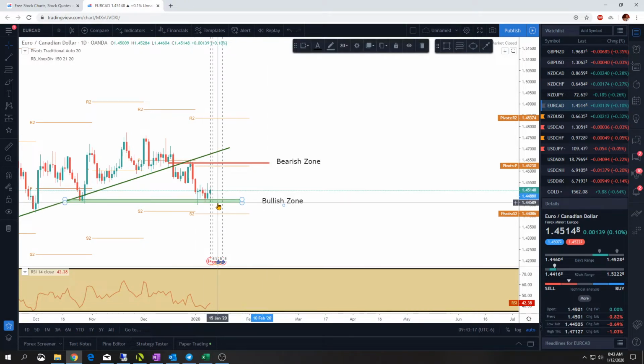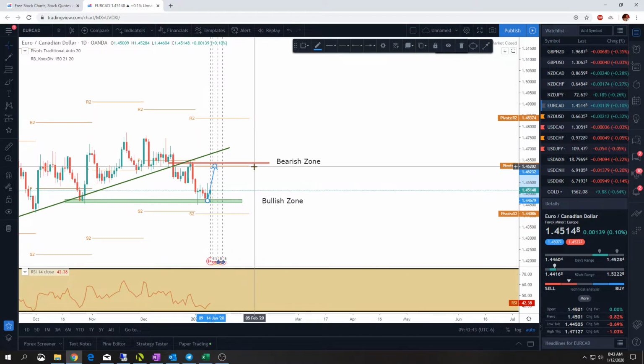Now, if price pulls back into this bullish area, I'm going to either get long or look for a break. But we have this missed pivot up here, so I'm more of this move this week. So I'm going to be long this pair this week, looking for price to touch last week's pivot.